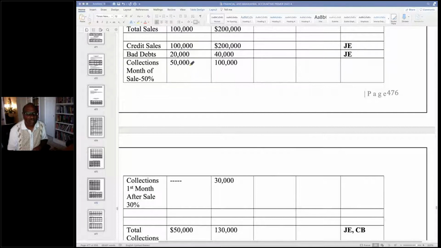I'm gonna bring these sales down here, and I'm gonna take 30% of them.